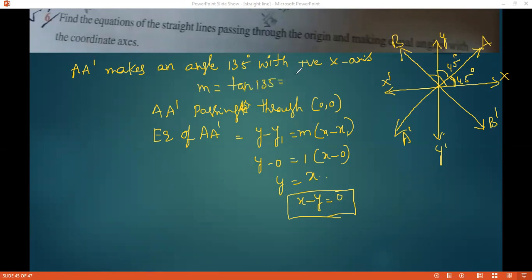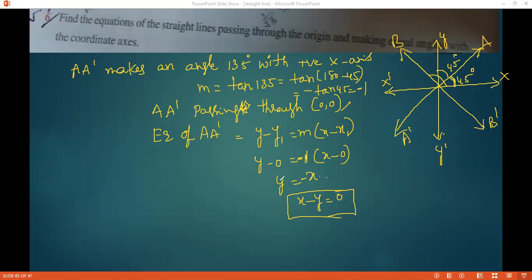What is tan 135? Tan of 180 minus 45, so this becomes minus tan 45, that is minus 1. Both lines are passing through the same origin, only the slope is different. Slope here is minus 1, so y is equal to minus x you will get. Then what do we get?